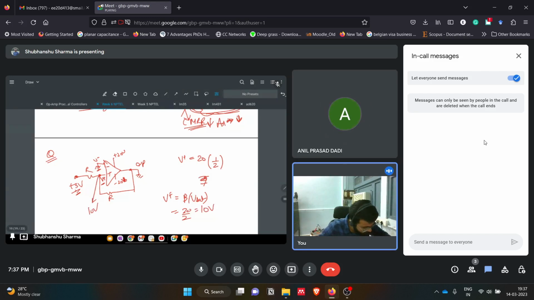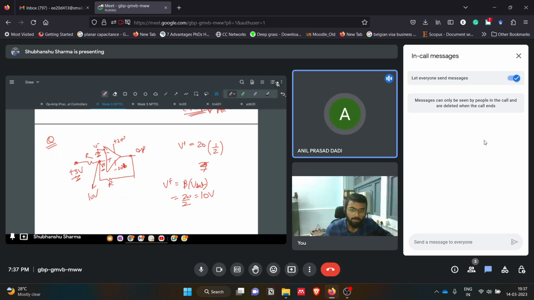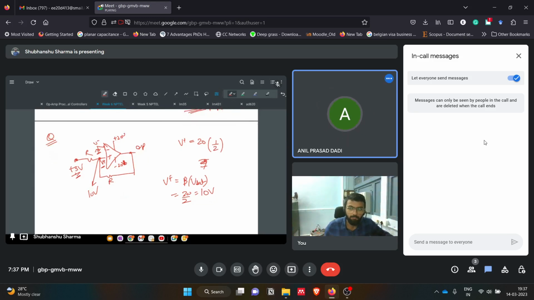I don't know how you solve this. You cannot use superposition here. Ask me why. Because superposition has a limitation that it can only be applied in linear circuits. But when we have given positive feedback, then it is a non-linear circuit.